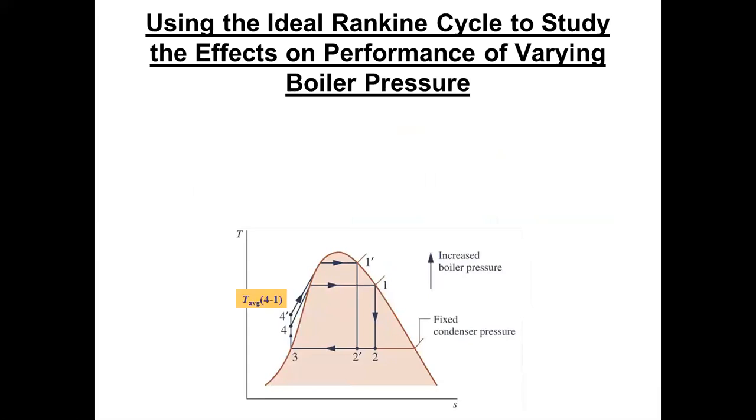the boiler pressure increase. This shows the average temperature of the heat addition from 4 to 1 is relatively low compared to the average temperature during the heat addition from 4' to 1'. So remember, the heat is added from the point it exits the pump at 4 to the point that we hit the saturation dome in these cycles, because we're not doing any reheat yet.